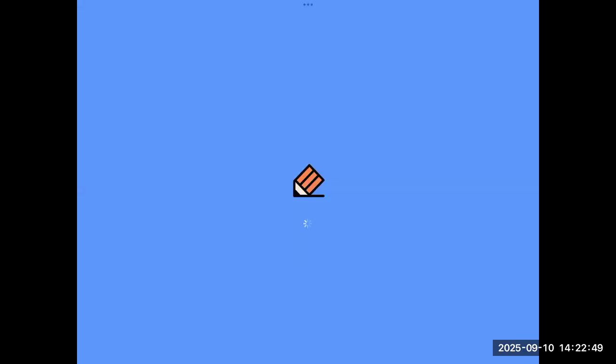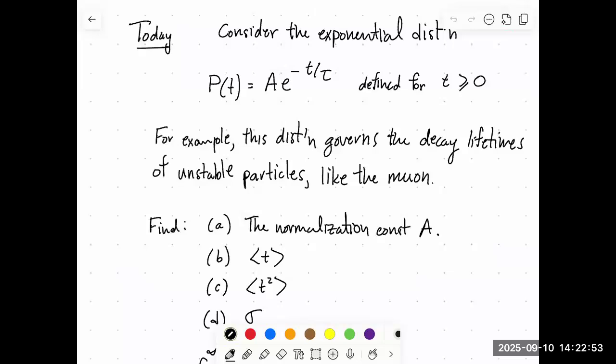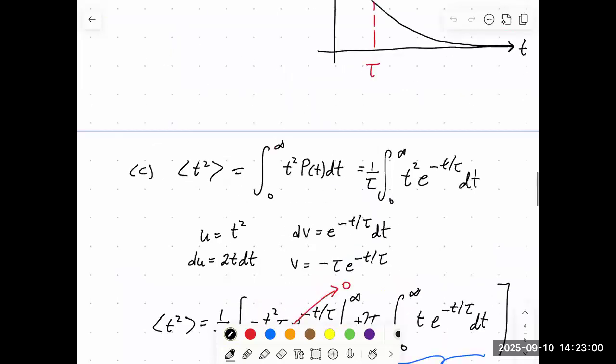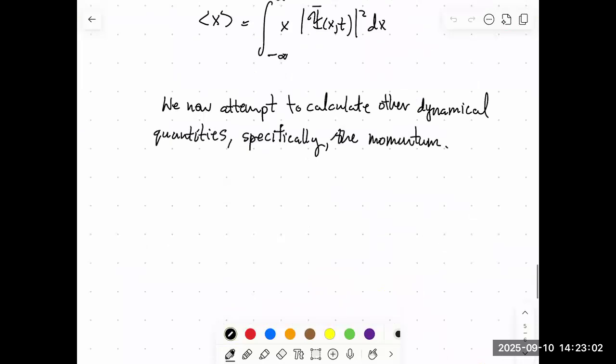The way we're going to do this is we're going to recognize that if I know something about the position, the way I can get velocity is by taking a time derivative of the position. And then once I have velocity, I could just multiply by m, and that will give me my momentum.